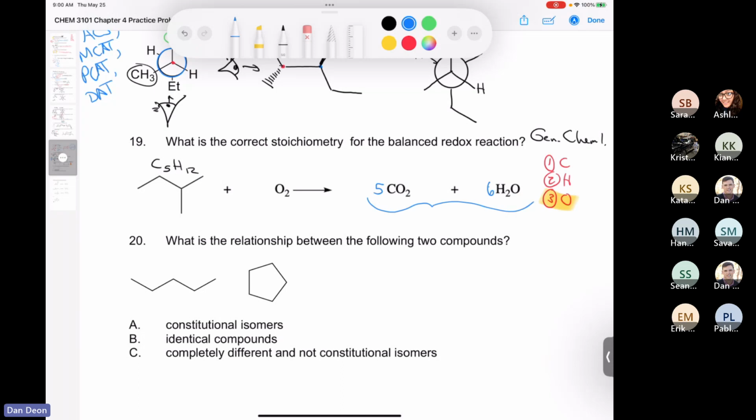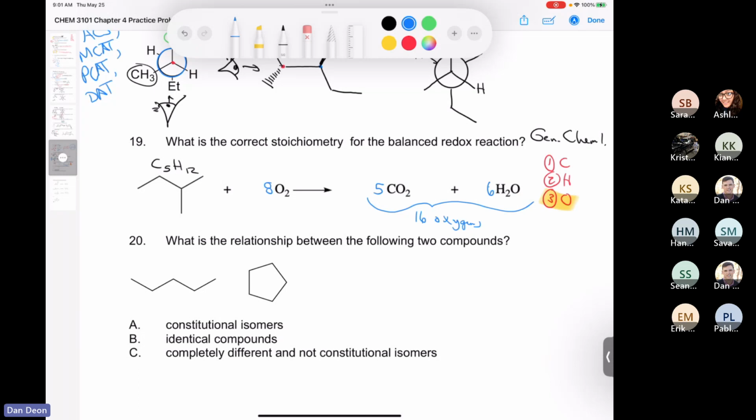How many total oxygens are there in the products now? 16, exactly. We have 16 oxygens. So something times 2 gives me 16. That something is 8. And there you go. Hot dog, we have a wiener. Done. That is balancing a redox reaction for the combustion of a hydrocarbon. Pretty straightforward. So remember, carbon first, hydrogen second, and always save oxygen for last.